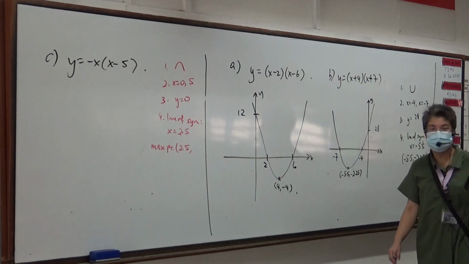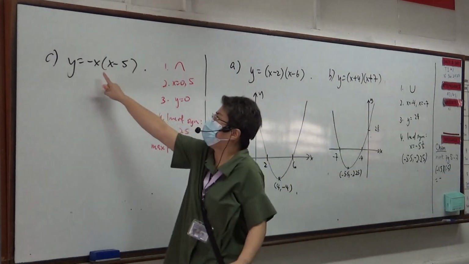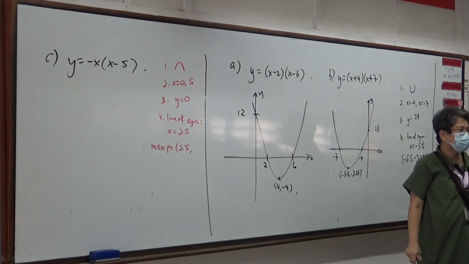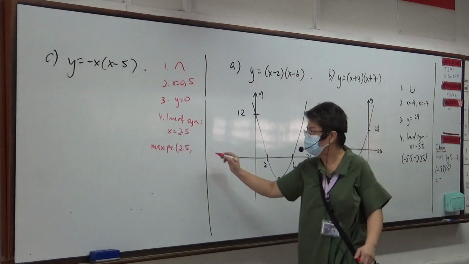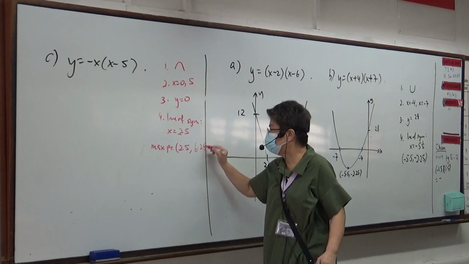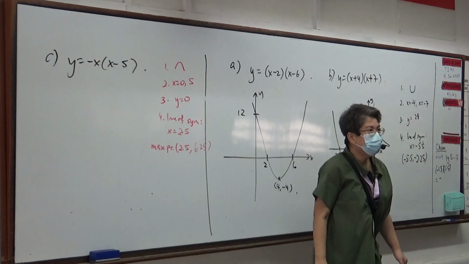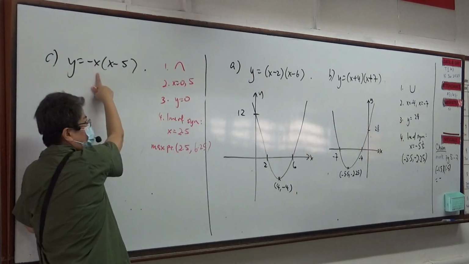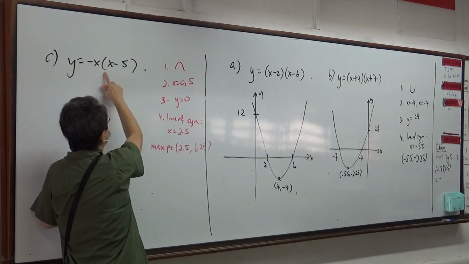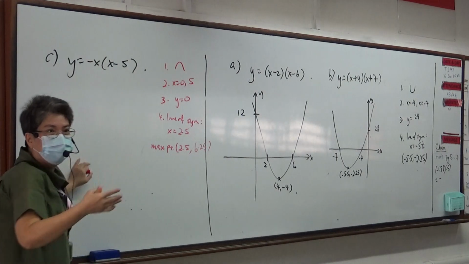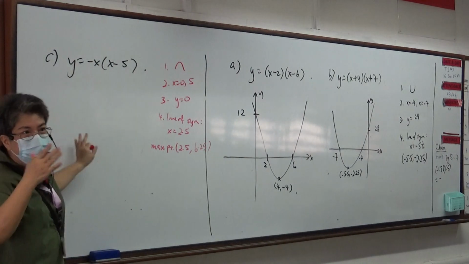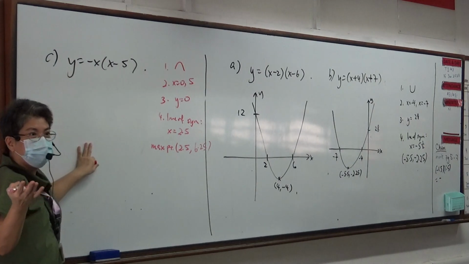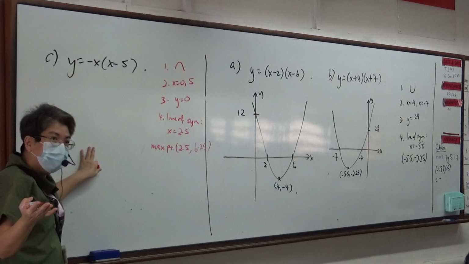If this is 2.5, this is 2.5, what will happen? 6.25, right? Okay, understand? Do you know how I get 6.25? You put 2.5 here, it is negative 2.5, right? You put 2.5 here, this together is another negative 2.5. So both negative become positive, right? What's 2.5 squared? 6.25, correct now?